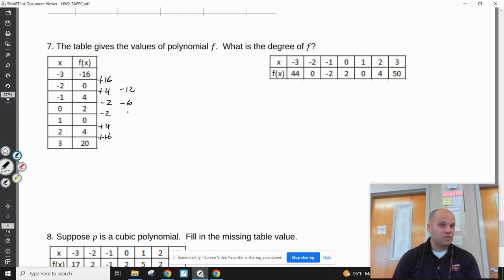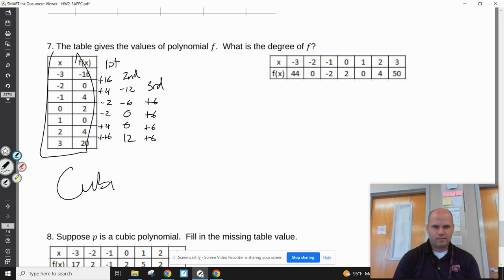Negative 2 to negative 2. Negative 2 to positive 4. Positive 4 to positive 16. Negative 12 to negative 6. Negative 6 to 0. 0 to 6. 6 to 12. First differences. Second differences. Third differences. This is a cubic.